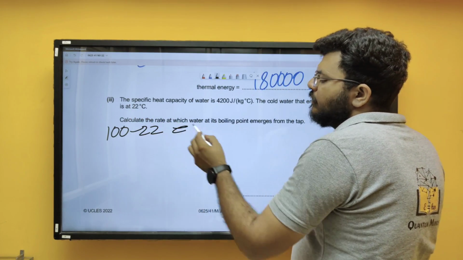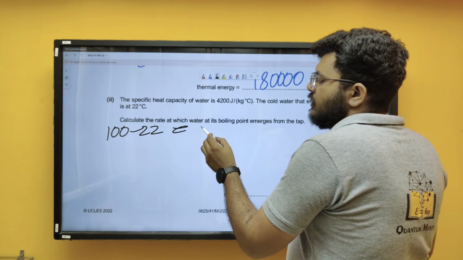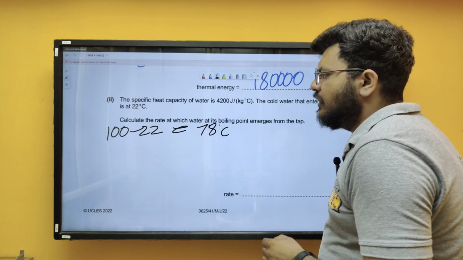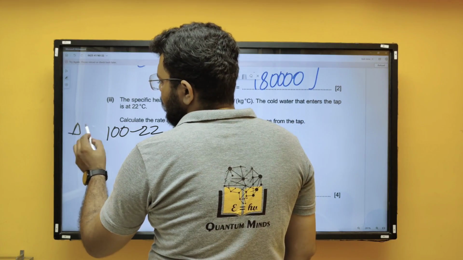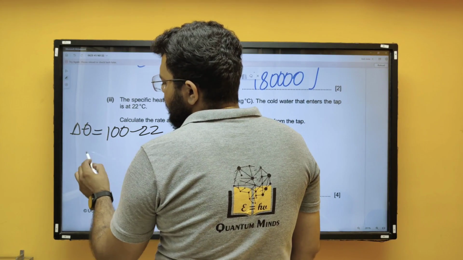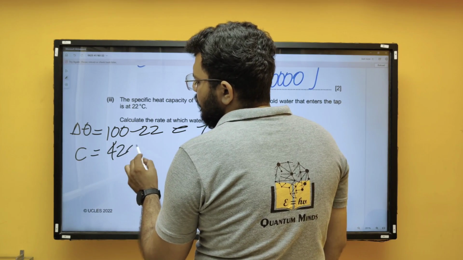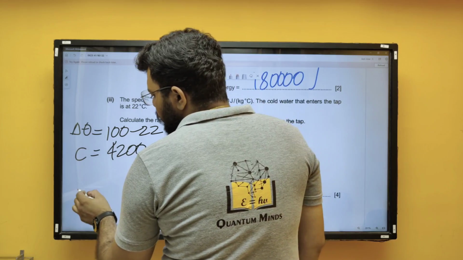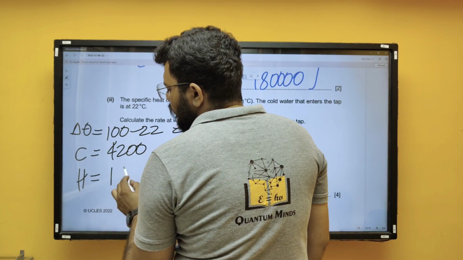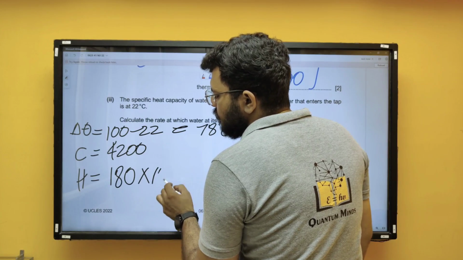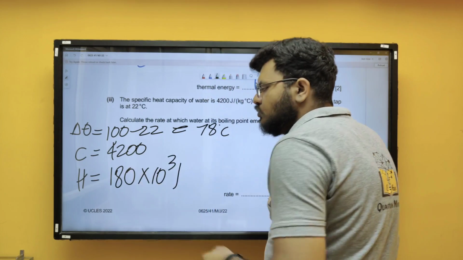So 100 minus 22 is 78 degrees Celsius, right? So this is delta theta. We already have the specific heat capacity, that is 4200. We already know the heat used, which is 180 into 10 to the power 3 joules.